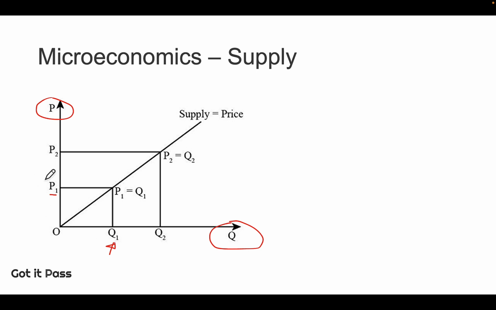If the price goes up from P1 to P2, then the quantity supplied by the firm will increase from Q1 to Q2 here. It is the rationale of a basic supply curve on the chart.